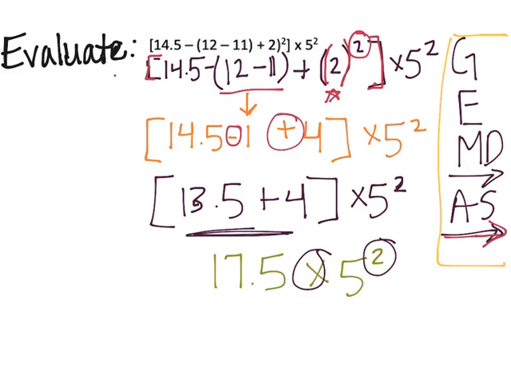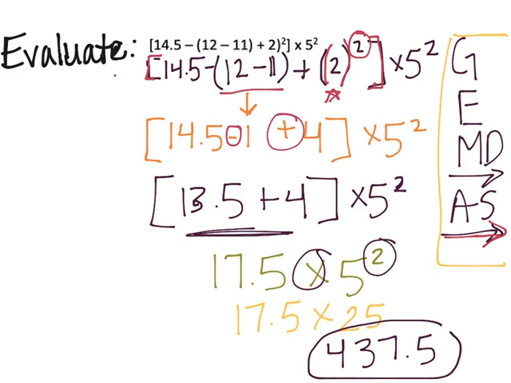So I need to evaluate 5 squared, which is 5 times 5. So now I have 17 and 5/10 times 25. And 17 and 5/10 times 25 will give me my final answer of 437 and 5/10. Since this is my final answer, I need to circle it.